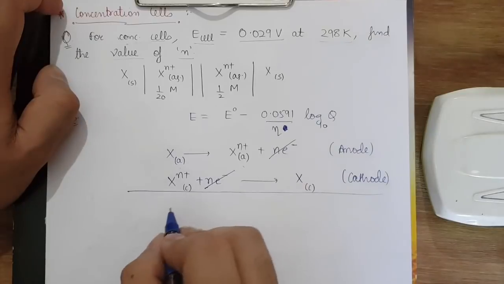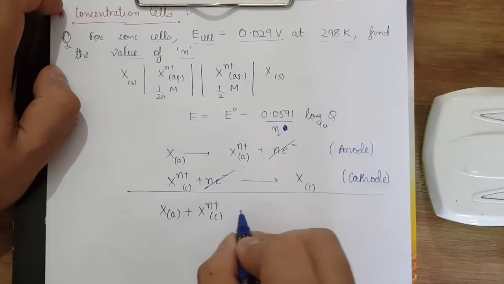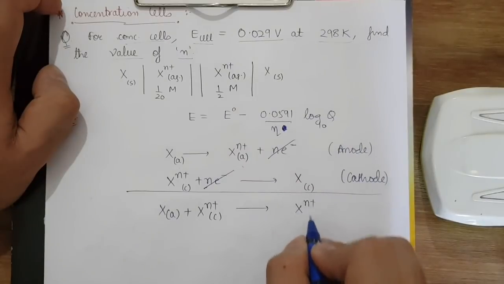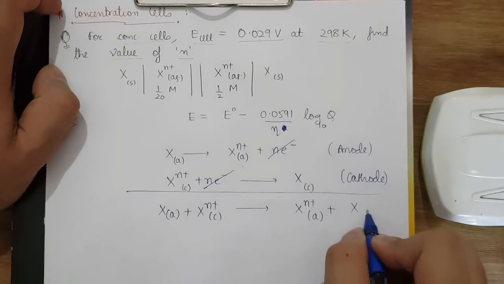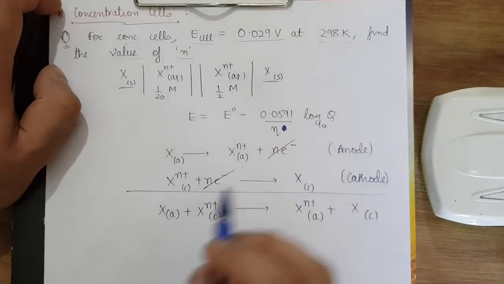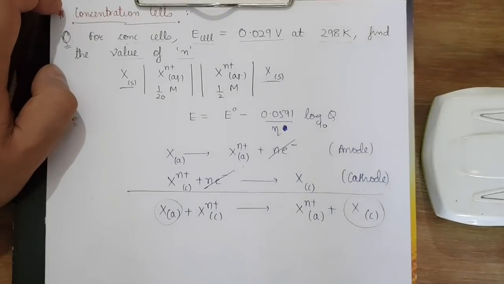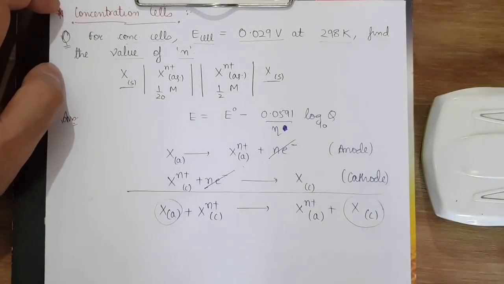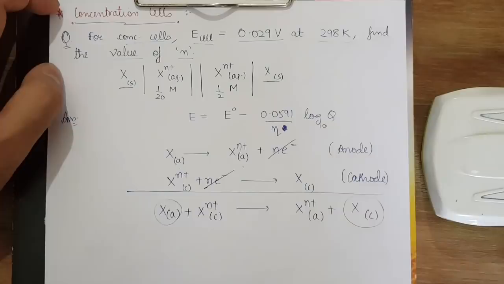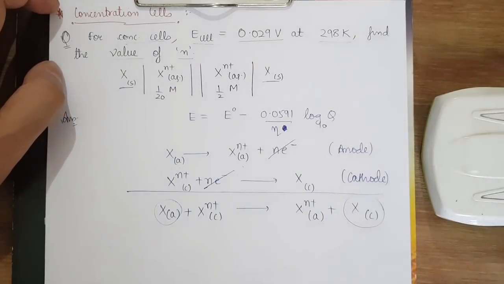Adding both equations, we get X at the anode plus Xn+ at the cathode giving Xn+ at the anode plus X at the cathode. Since X is solid, it would have no role in the reaction quotient. We want only the aqueous and gaseous phases, as you remember from the chapter chemical equilibrium.